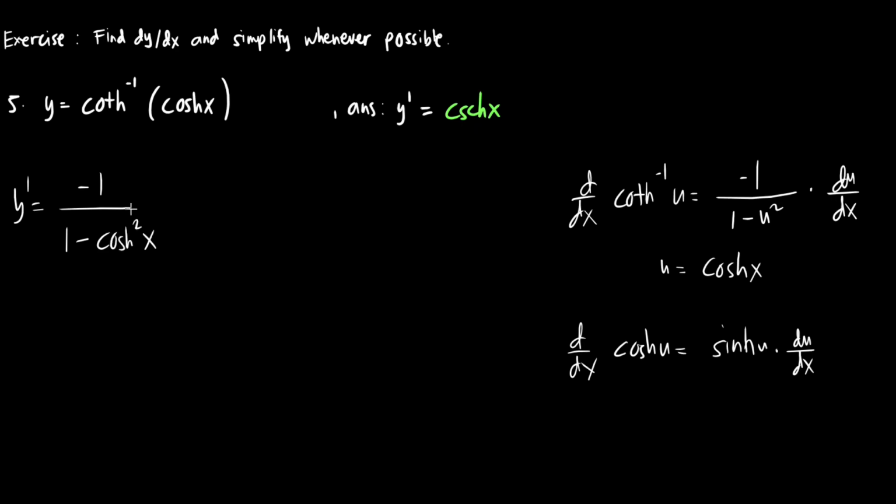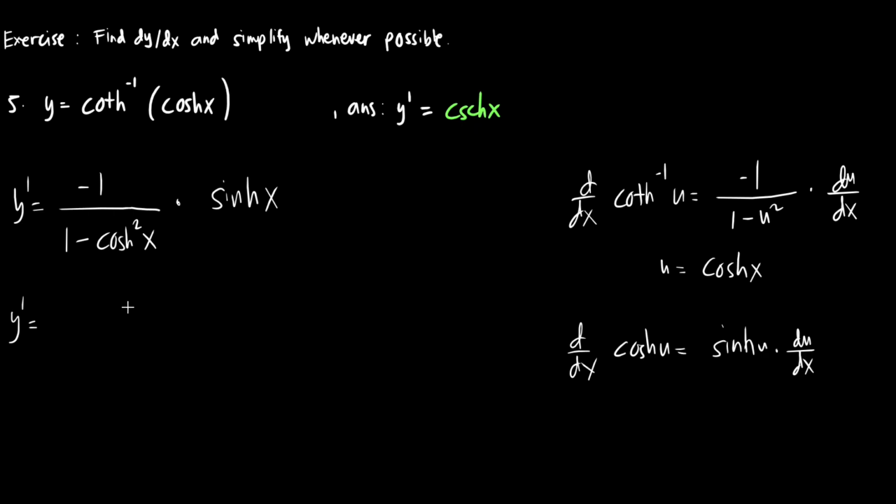So u is equal to x. The derivative of hyperbolic cosine is equal to hyperbolic sine u, where u is equal to x. The derivative of x is just equal to 1, so we will not include that one.